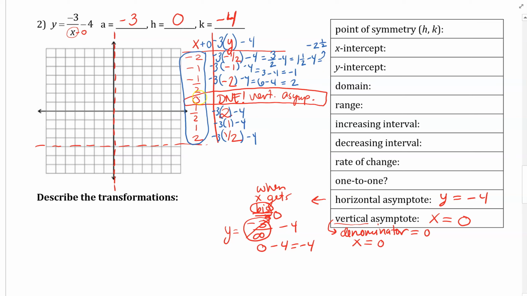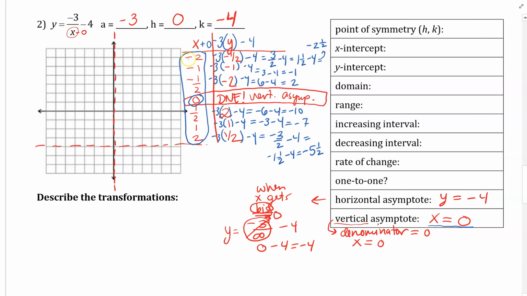Then there's the vertical asymptote at x equals 0, right? Cross over that, and then on this side I have -6 minus 4, which is -10. -3 minus 4, which is -7. -3 over 2 minus 4, which is -1.5 minus 4, which is -5.5. These are the points for the right side of the graph.